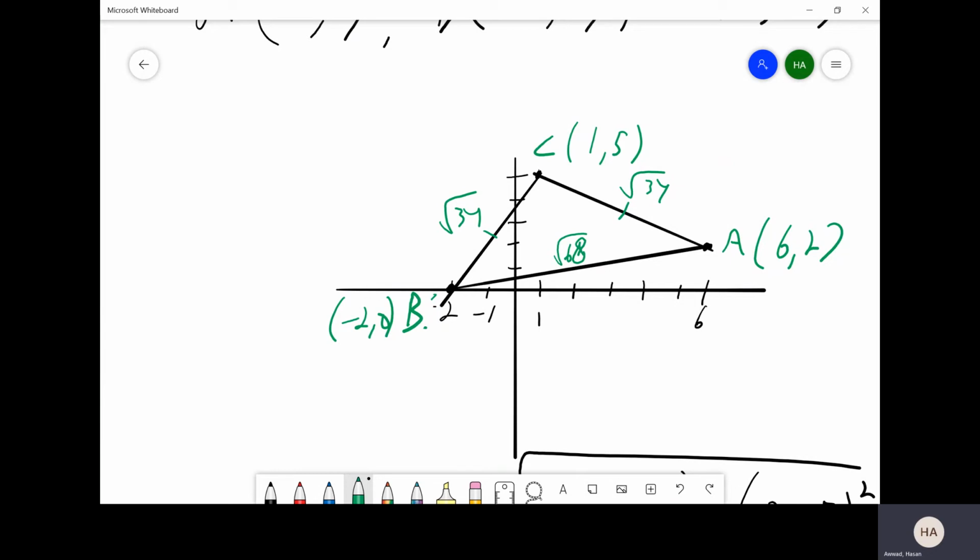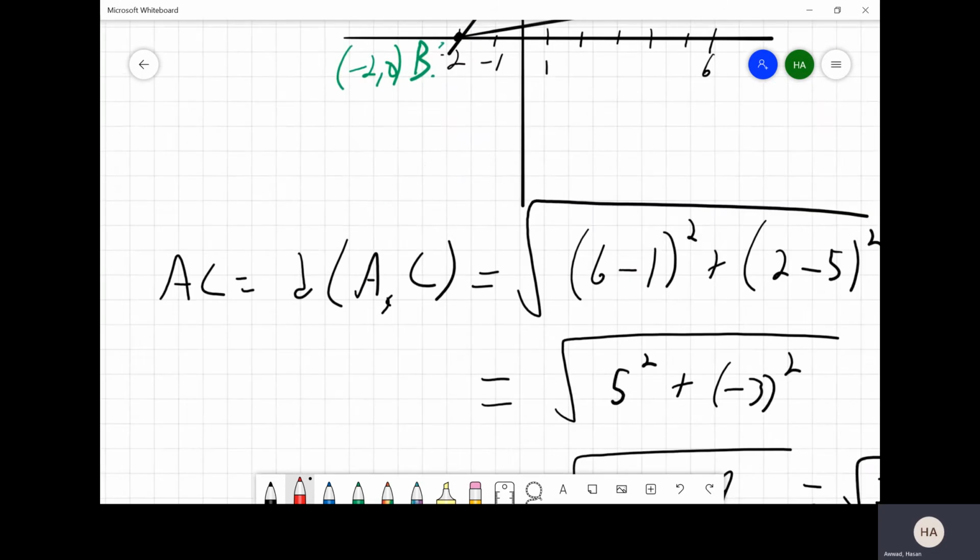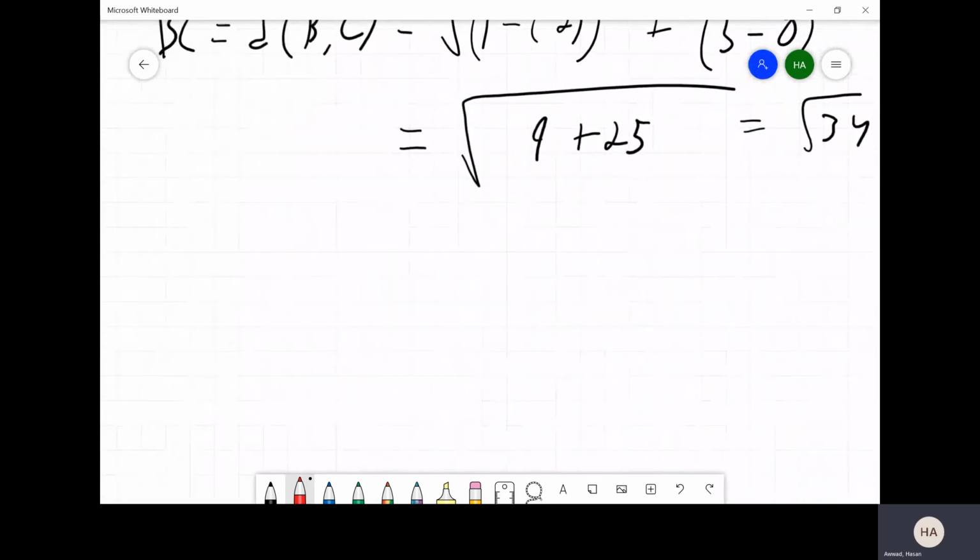We're trying to see, square root of 68 is obviously going to be the largest side, right? So we're trying to see if this angle right here, angle C, is a right angle. If that's a right angle, then great, we have ABC is a right triangle. So what do we do? We plug everything into our Pythagorean theorem. Our Pythagorean theorem is a squared plus b squared is equal to c squared.